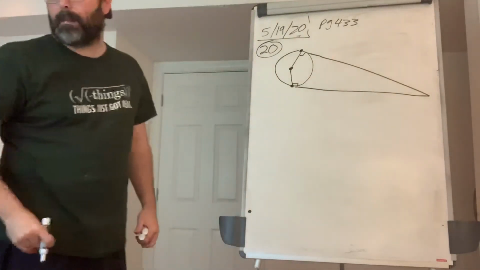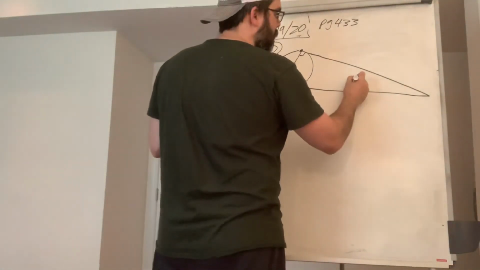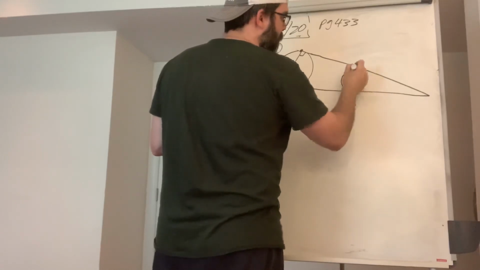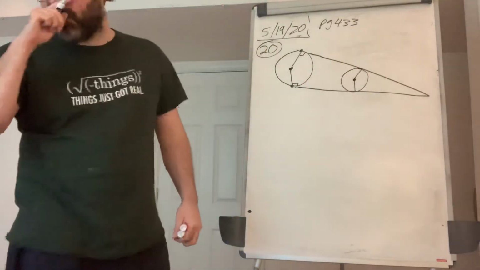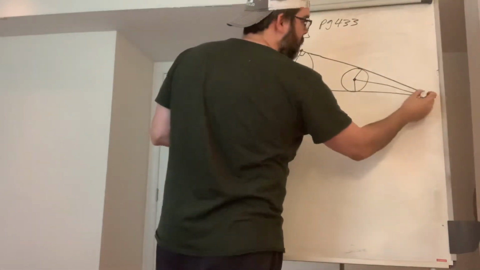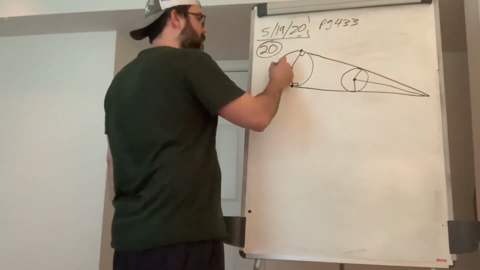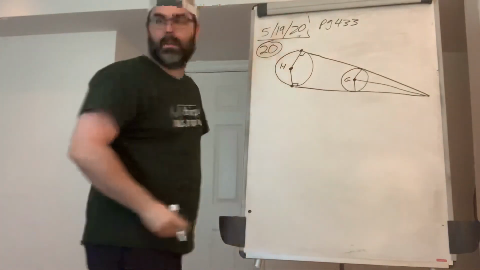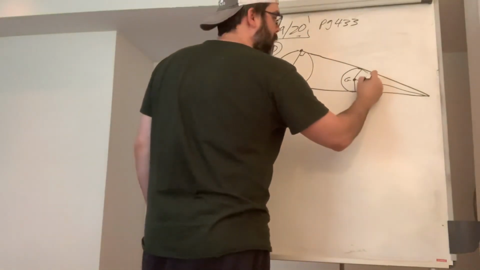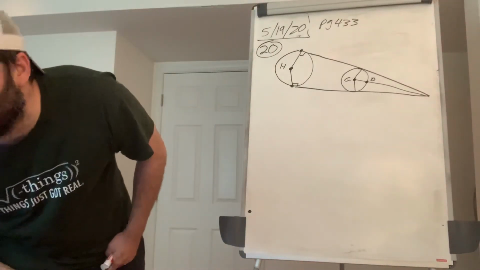Okay, there's one circle, and then G is down here. There's the other circle, and then G extends to there. GH, D, A, B, S, E.